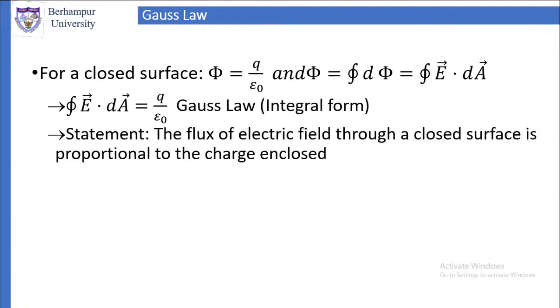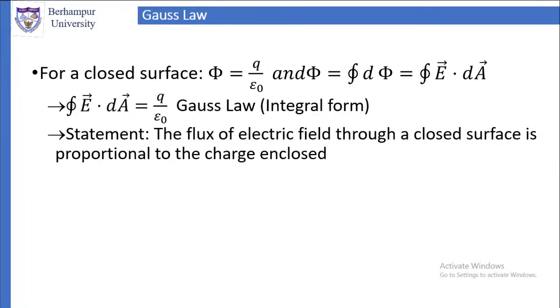And the statement of the Gauss law for this integral form is: the flux of electric field through a closed surface. Now, the left hand side gives you the flux of the electric field. So E dot dA is the flux of electric field, and we are evaluating it over a closed surface. So the integration is over a closed surface. Therefore, the flux of electric field through a closed surface is proportional to the charge enclosed.